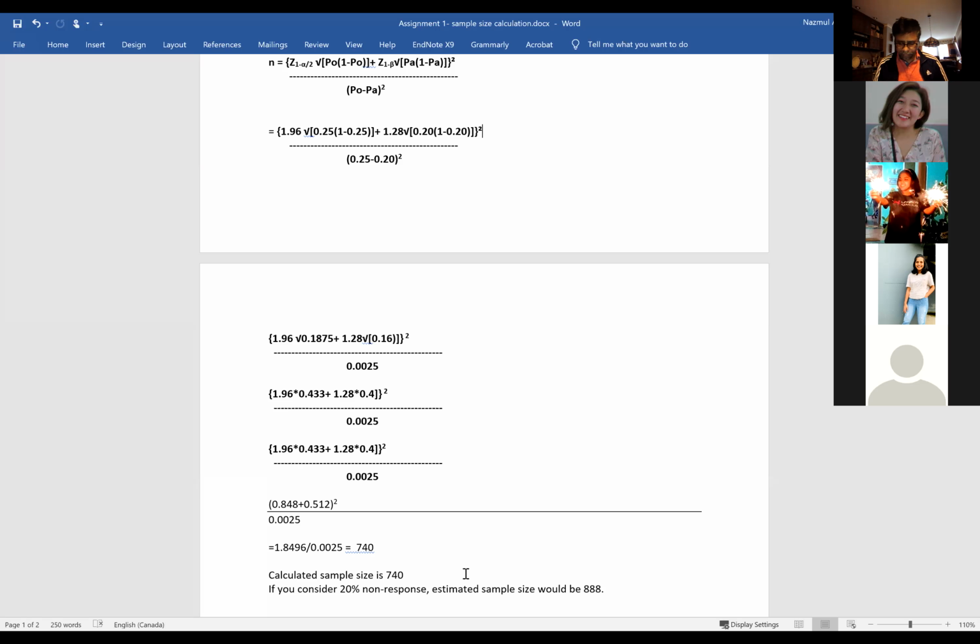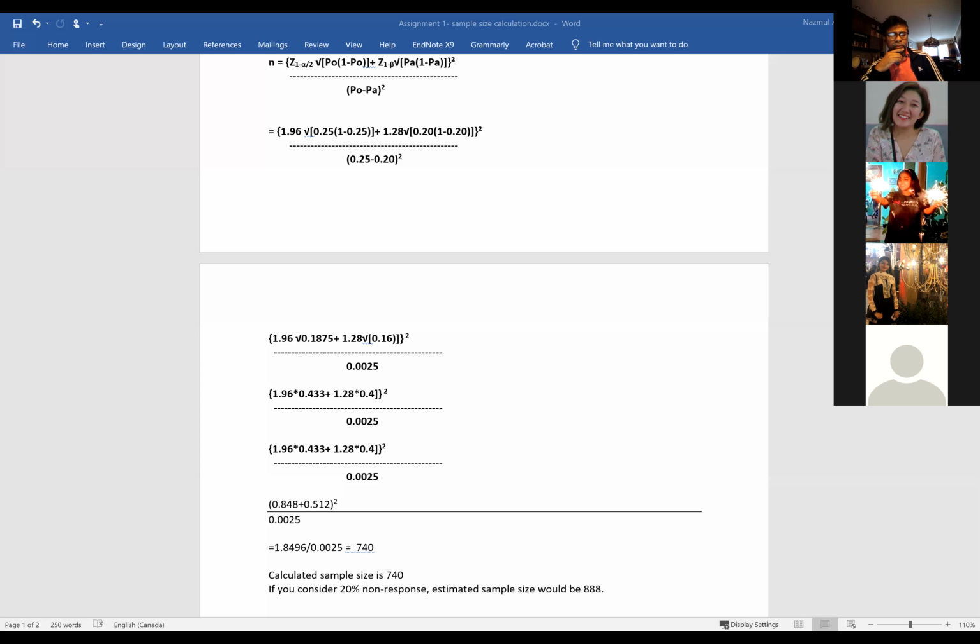Okay, Professor, thank you. Just one question. You said that the non-response rate, we have to consider in the planning stage, right? Yes. So Professor, if we are writing a research proposal, in the materials and methods section, do we have to mention the sample size along with the non-response rate or without?